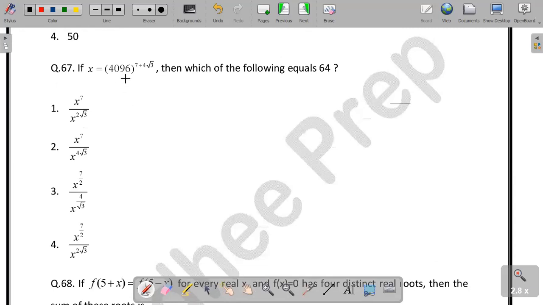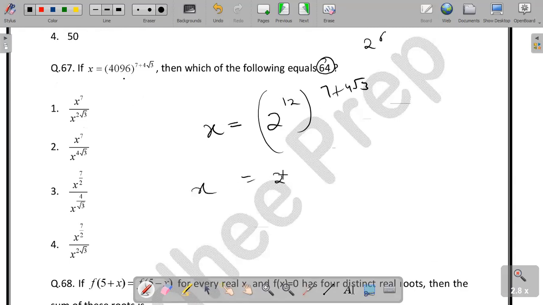Okay, x is equal to, I can see the power of 4096, that is 2 की पावर 12, 7 plus 4 root 3, and I have to find 2 power 6. So I can say x is equal to 2 power 6 and 14 plus 8 root 3.